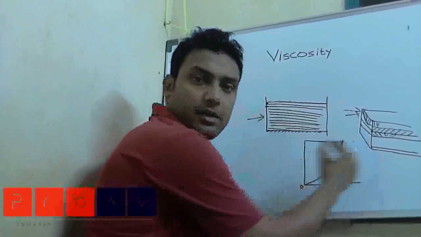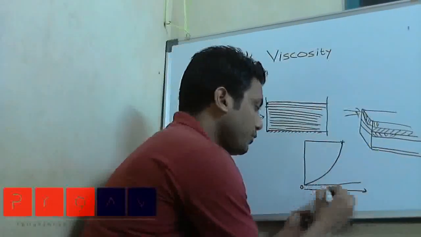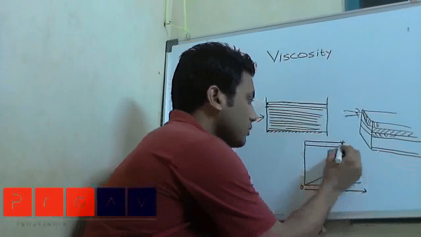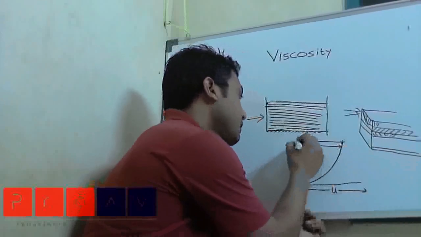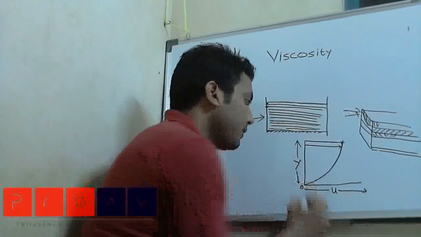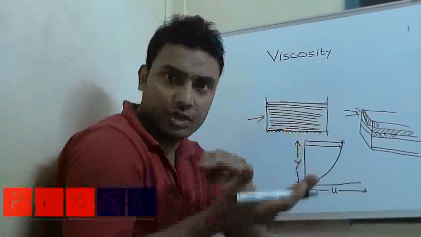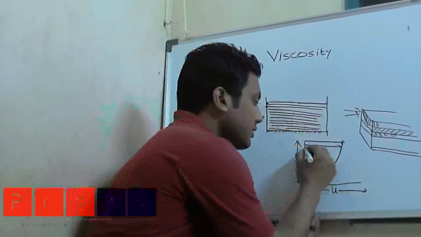So we will get a diagram like this, with the lines of velocity u and the depth y. We are watching that a velocity gradient exists within it.